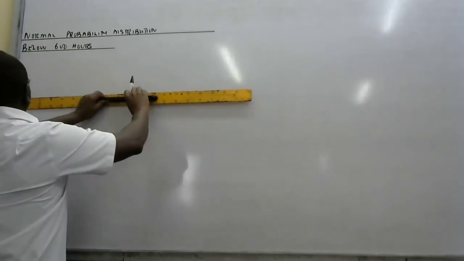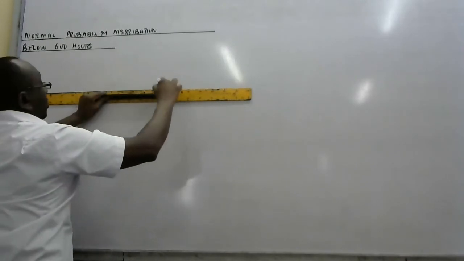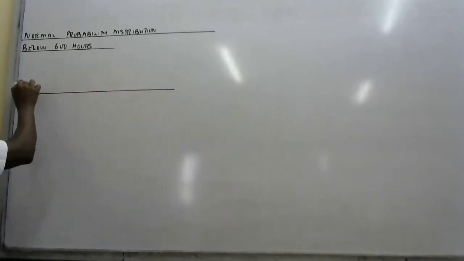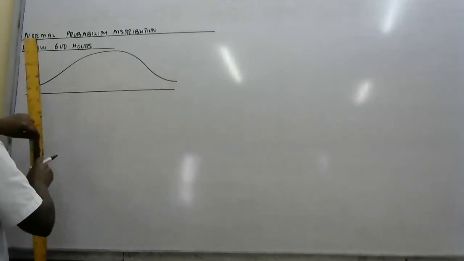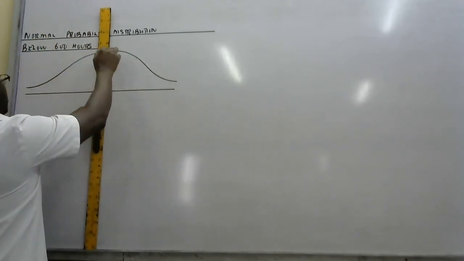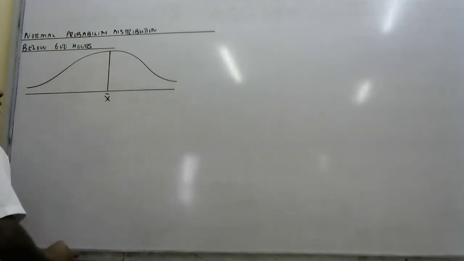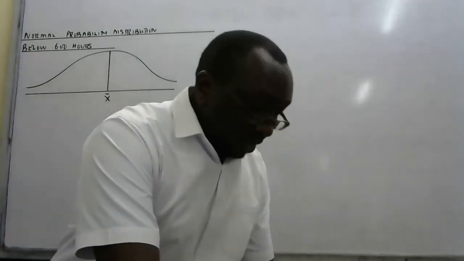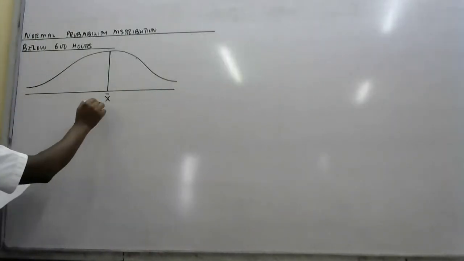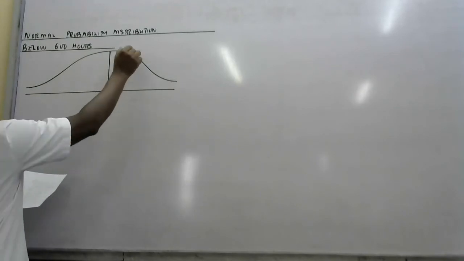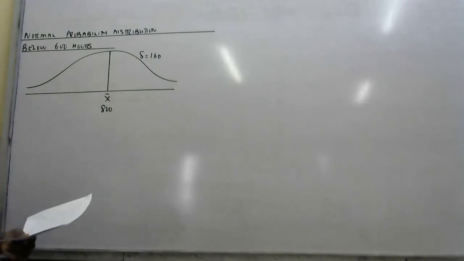You design a table that you know so well, like this. Then here we have the mean, X bar. So we are told that the mean is 800 and the standard deviation is 160.